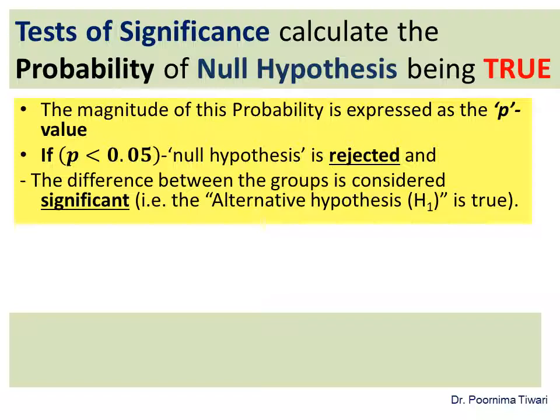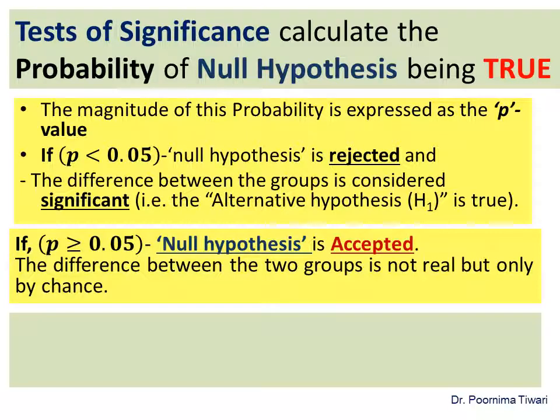And we say that the difference between the two groups is significant. That is, the alternative hypothesis is true and not the null hypothesis. But if the p-value is 0.05 or more, we accept the null hypothesis and we say that the difference between the two groups is not real but only by chance.